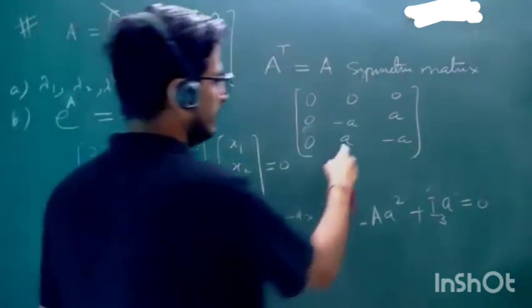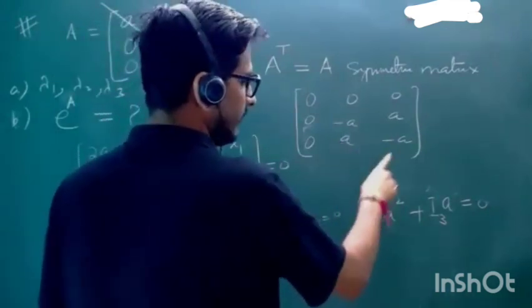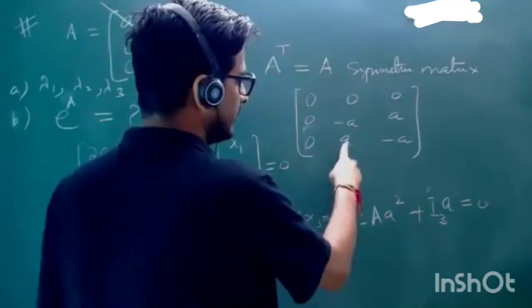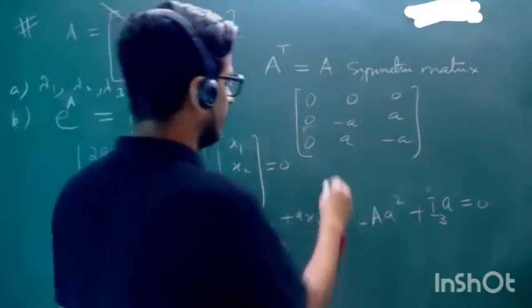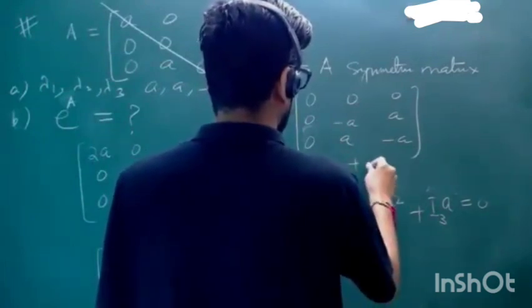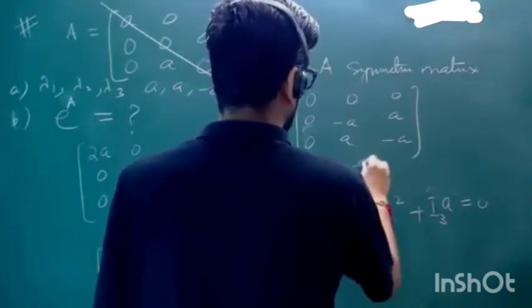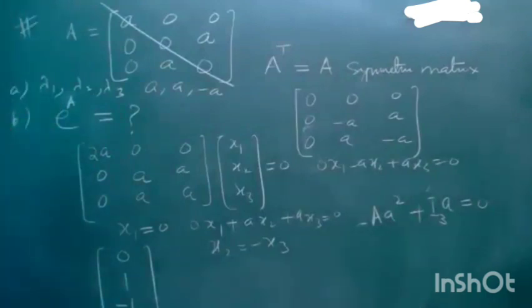Yes, sir. These two equations are the same, right? Because this will be gone. I can change R3 to R3 plus R2, so this will also become 0 0 0. So only one equation is there: 0 x1 minus a x2 plus a x3 is equal to 0. Okay?